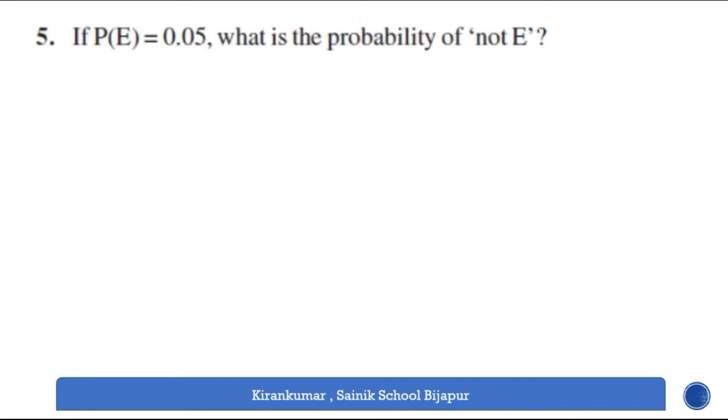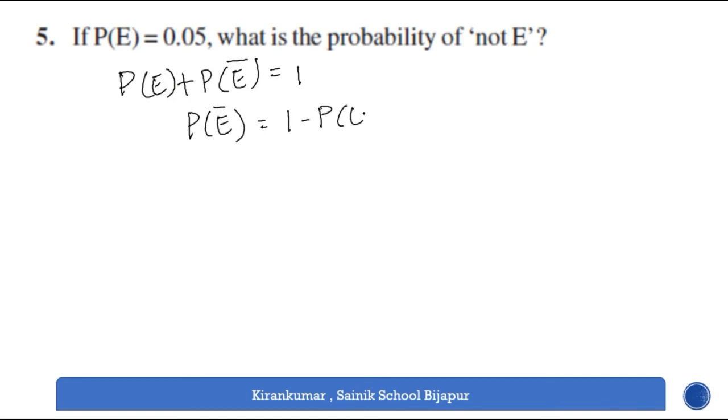Question number 5. If probability of an event is 0.05, what is the probability of not an event? We all know that probability of an event plus probability of not an event is always 1. So probability of not an event is 1 minus probability of an event.